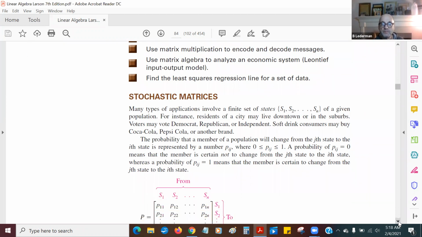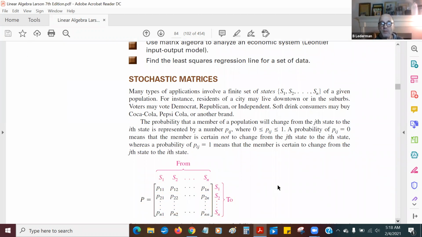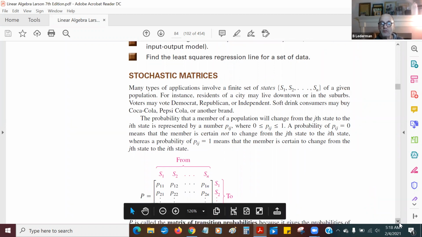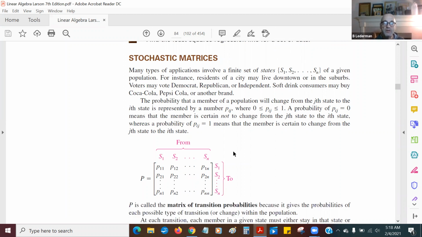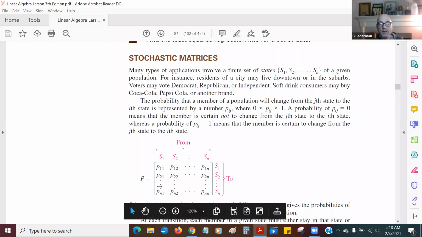So we can make a matrix now. Let's say I have a bunch of states, S1 and so on. This could be Coca-Cola, Pepsi, Democrat, Republican, red car, blue car, white car, gray car, whatever kind of car. It could be a lot of different things. If I'm in this first column, I'm an S1 kind of guy.